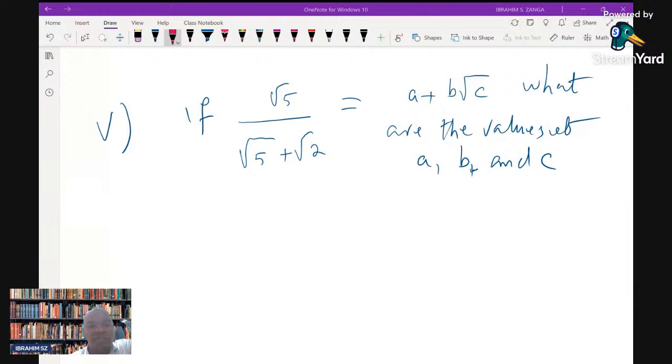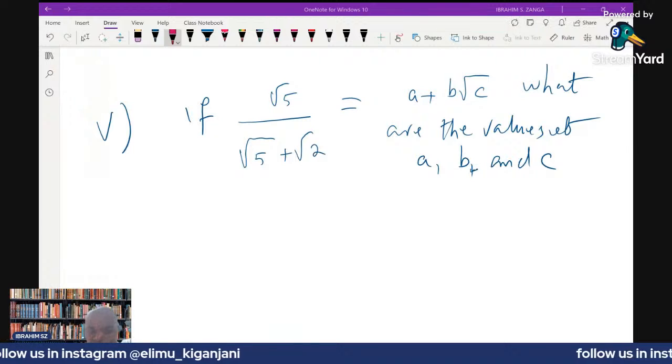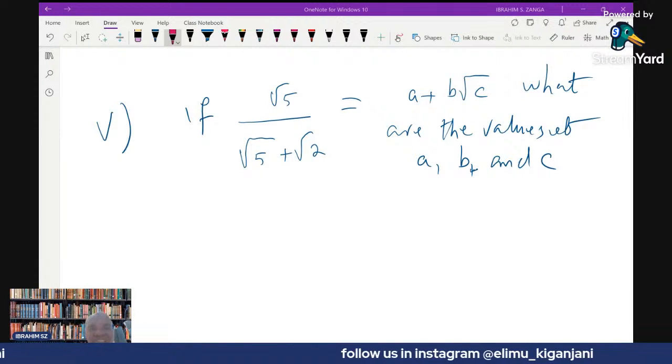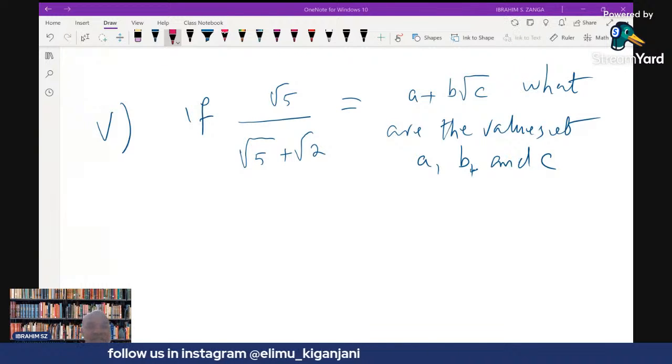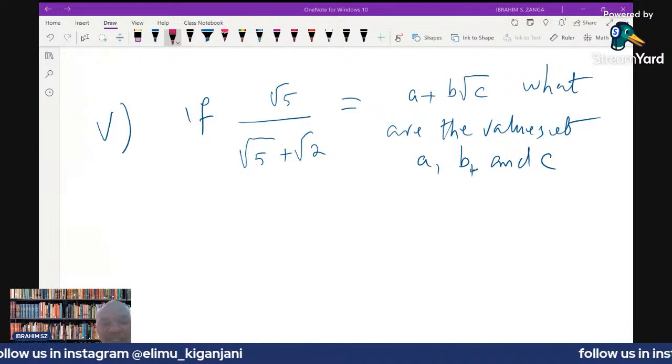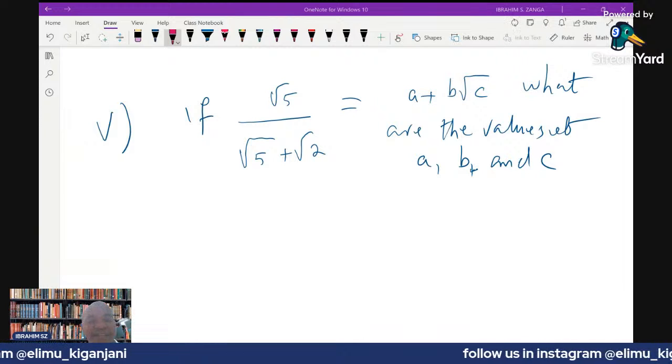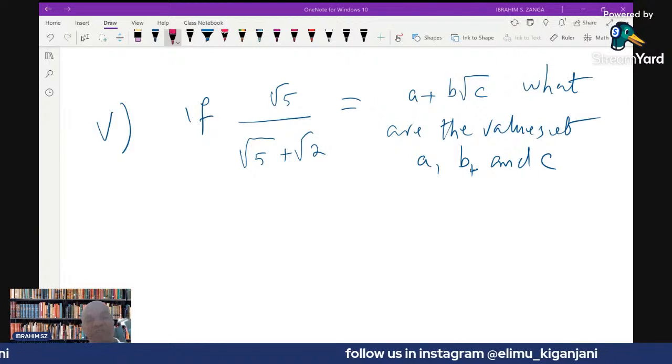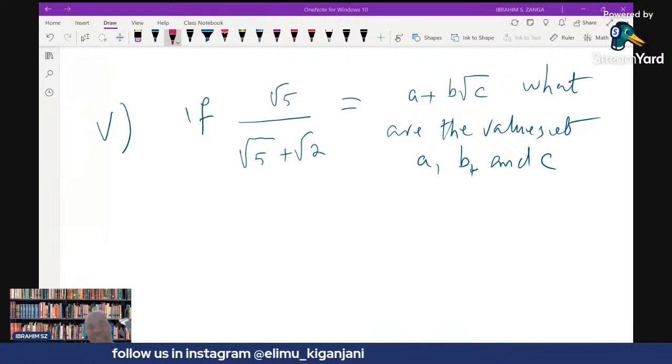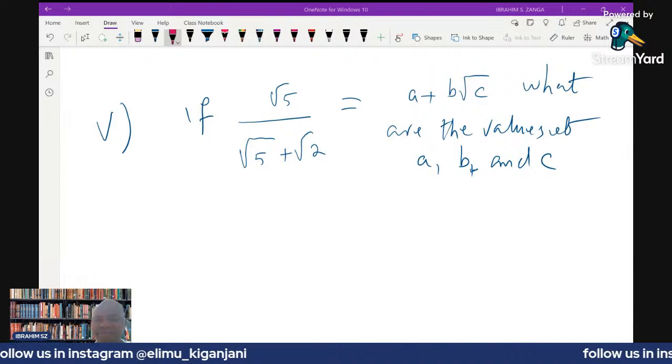For this kind of question, dear student, we're going to observe the same procedure. We are going to rationalize the denominator. Then after that, the final expression we get, we are going to compare with the expression on the right-hand side.